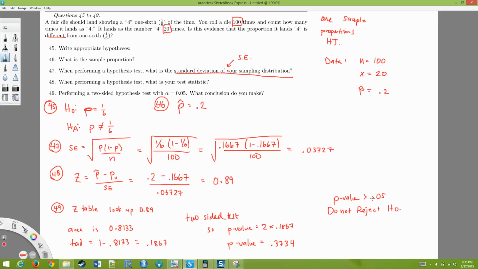And that means we do not have evidence that the die lands on the number 4 at a rate different from 1/6.